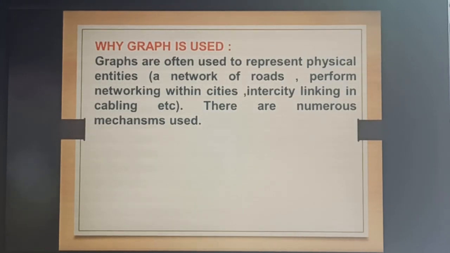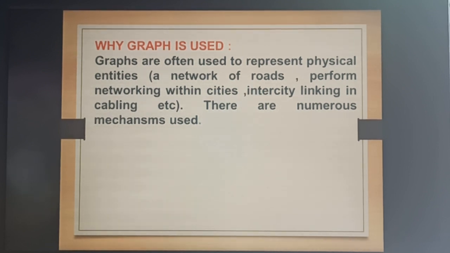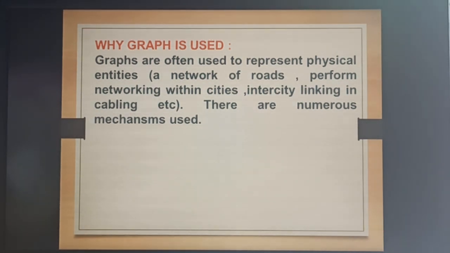Generally, graphs are often used to represent physical entities like a network of routes, when you are performing networking within cities, intercity linking or cabling. The idea behind the graph is how all the places in a city can be traversed at low cost and within the shortest time period, by traversing the shortest path without falling into a loop, which means traversing the same path again and again.